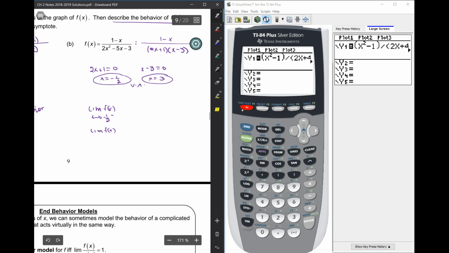Limit of f of x as x approaches -1/2 from the plus side. And then for the 3's. I know you guys can do that if you look at the graph, right? But yeah, the behavior would be all 4 of those. Cool?